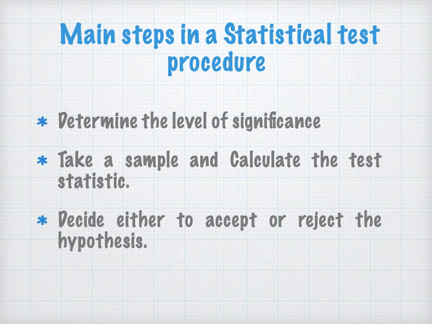We have a requirement that for any test, its power must be high. The power is 1 minus beta. So for the power to be maximum, we need beta, the probability of type 2 error, to be low.